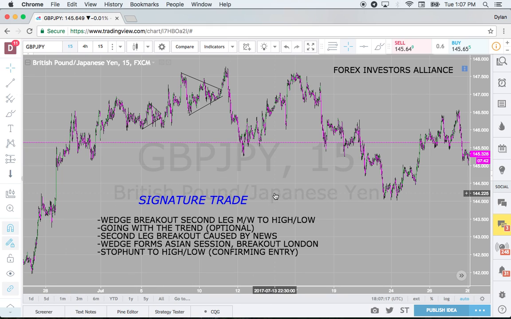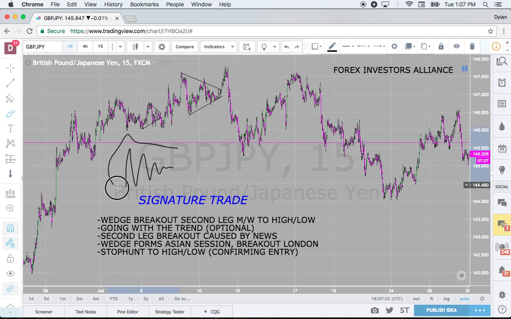Basically, what we will be looking for are wedge formations. Once you see a wedge, which we've all seen happen on every pair, these are fractal, multi-fractal formations.